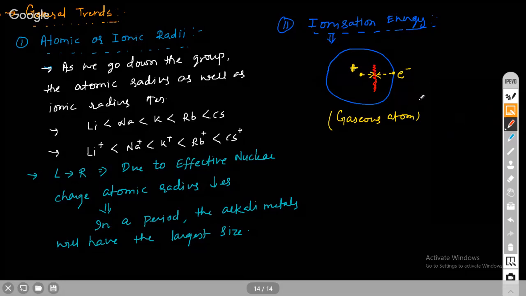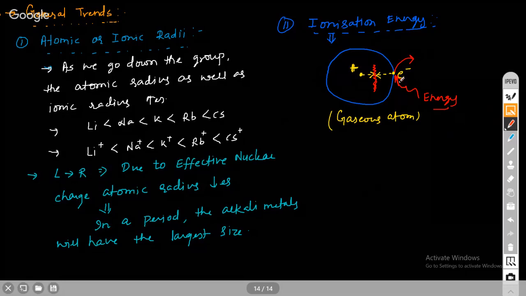So for this, you have to supply some energy into it, and with this energy you will break this attraction pull, and then the electron comes out from this shell. So this energy, which is required to remove an electron from the outermost shell, is the ionization energy.